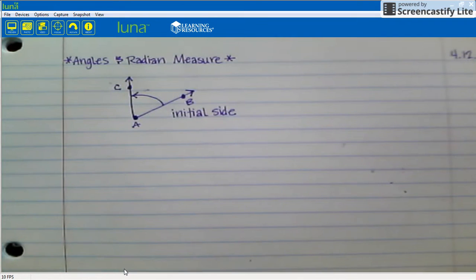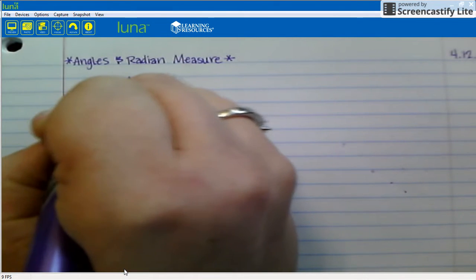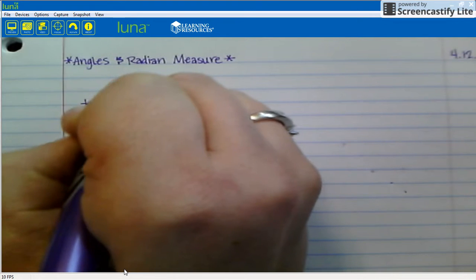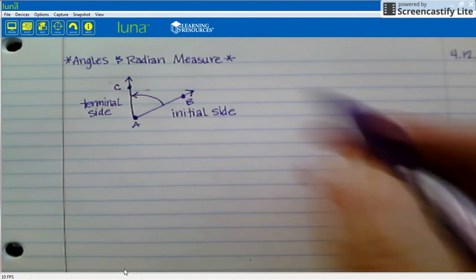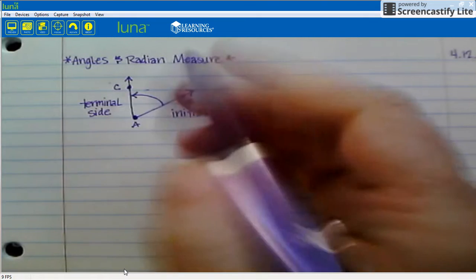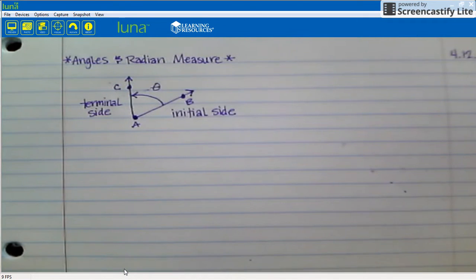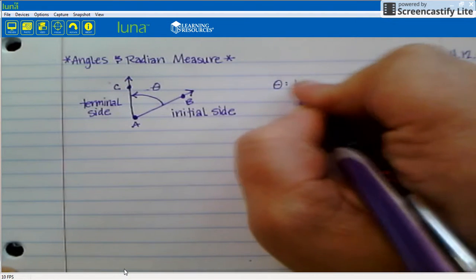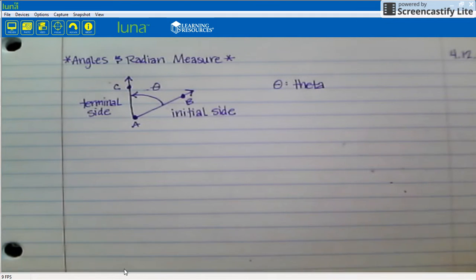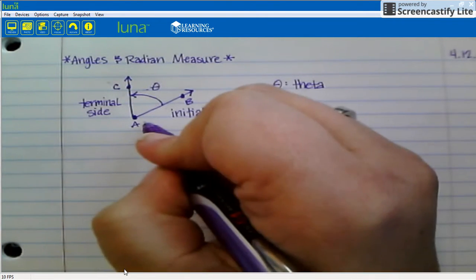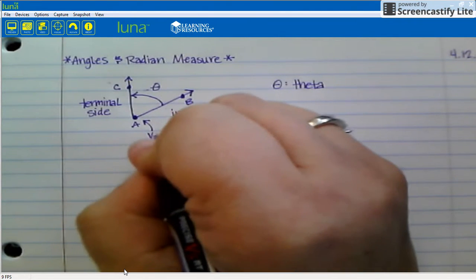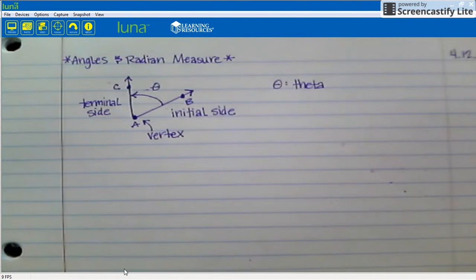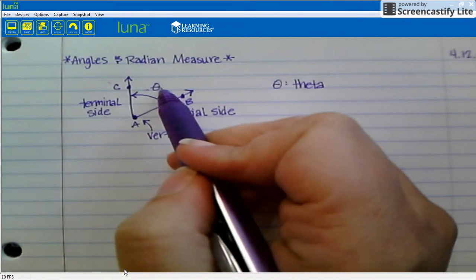We'll call it C. And the angle between the initial side and the terminal side, we denote with this little symbol. It's called a theta. And it's just kind of like your standard variable for representing an angle. So here, point A is the vertex of my angle, and the angle between the two rays is theta.